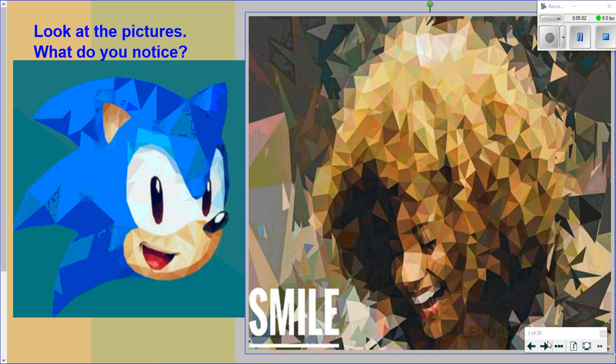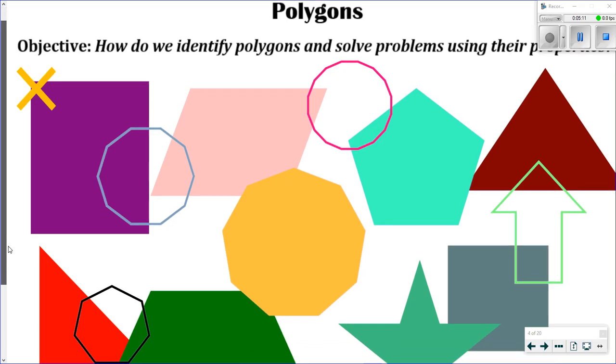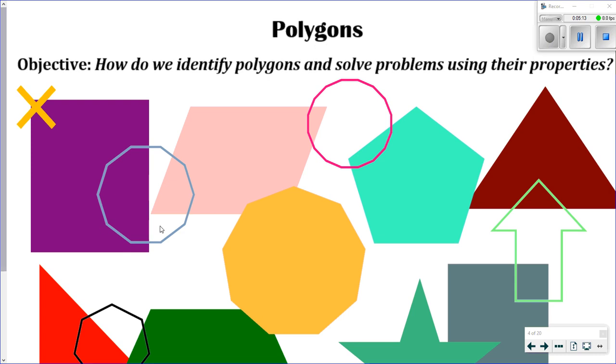So this is going to lead us to our next lesson, which is polygons. Different types of shapes are polygons. The objective is, how do we identify polygons and solve problems using their properties?